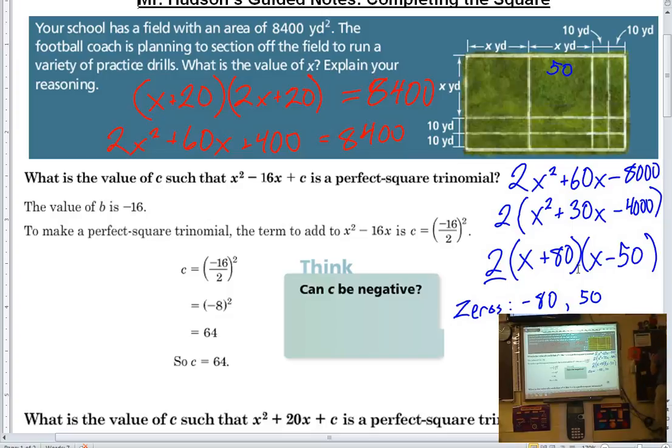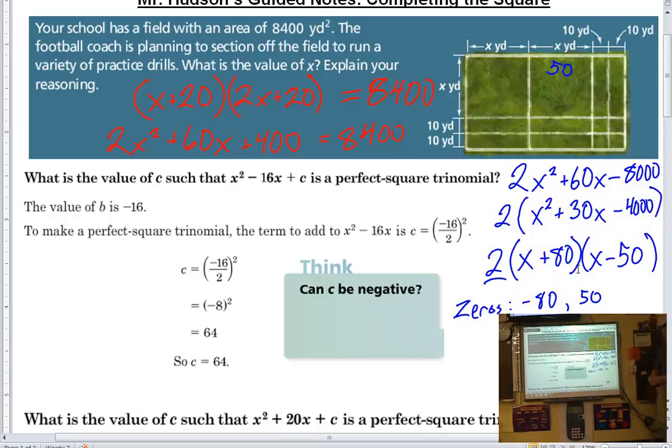So it could change the intensity and the direction, but it still won't change your solutions. Your zeros will stay in the same place. When you change the intensity, you're changing where the vertex is. We still go through the same zero points, so if the vertex is closer to the x-axis, the parabola is wider. If it's further away from the x-axis, my parabola is narrower.